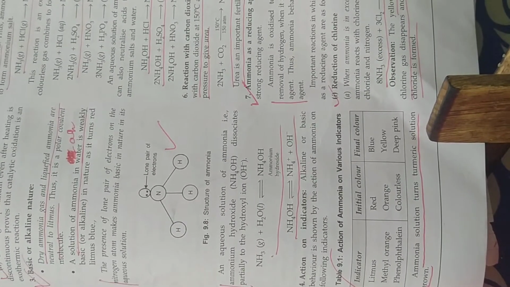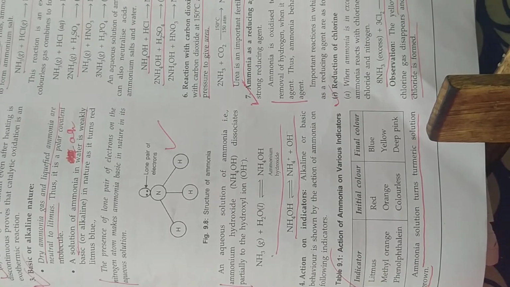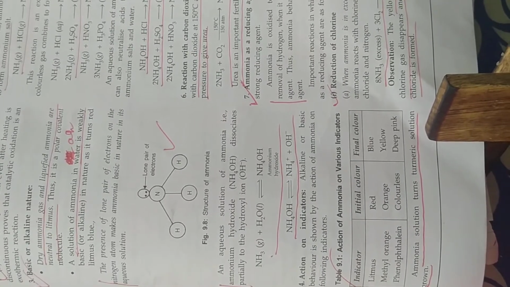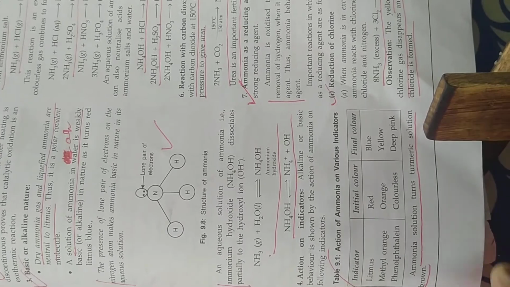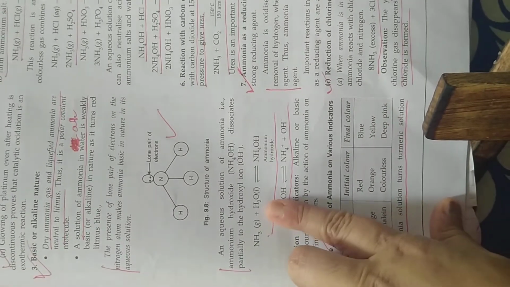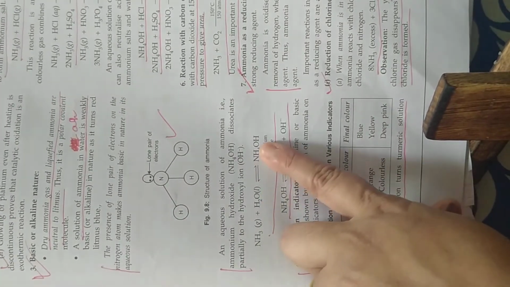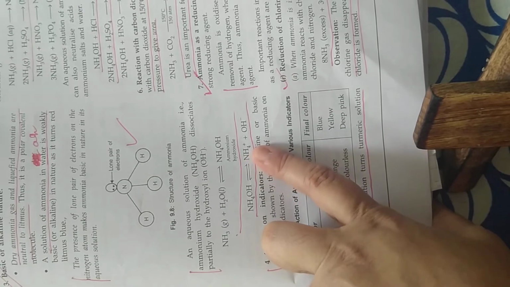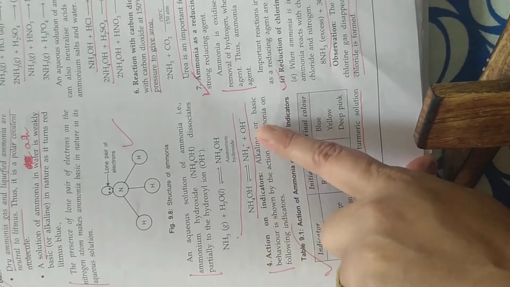In aqueous solution, ammonia, that is ammonium hydroxide, dissociates partially to give us hydroxyl ion: ammonia plus water gives us NH4OH. When NH4OH is broken down, we get NH4+ and OH-.